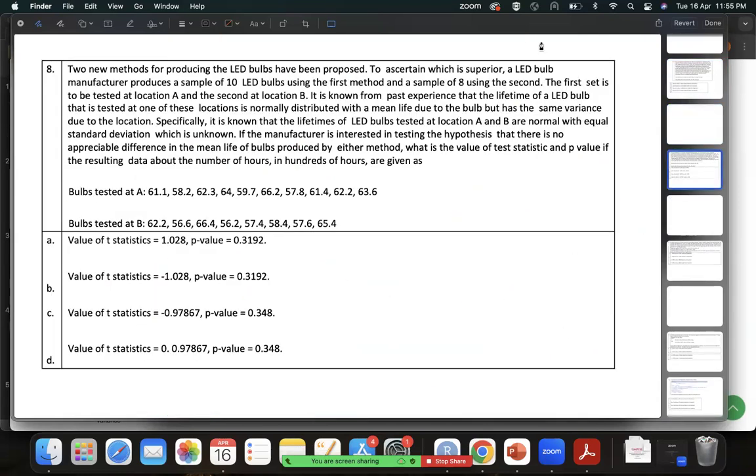In this question, they've given a line about standard deviation, so they have the same variance. Equal standard deviation, which is unknown. So in that case, you have to use a formula, like it was all given in the table, for this scenario.